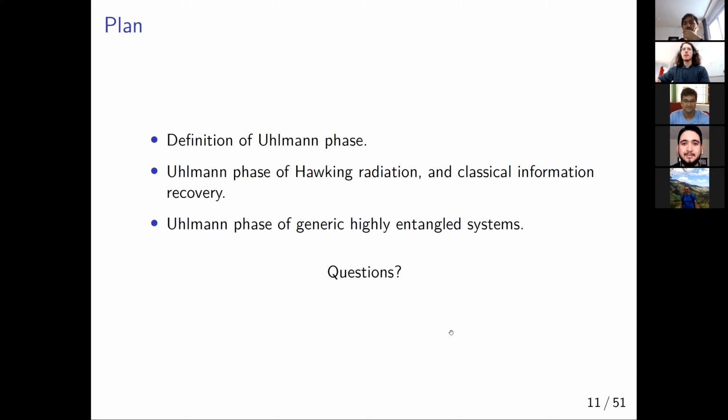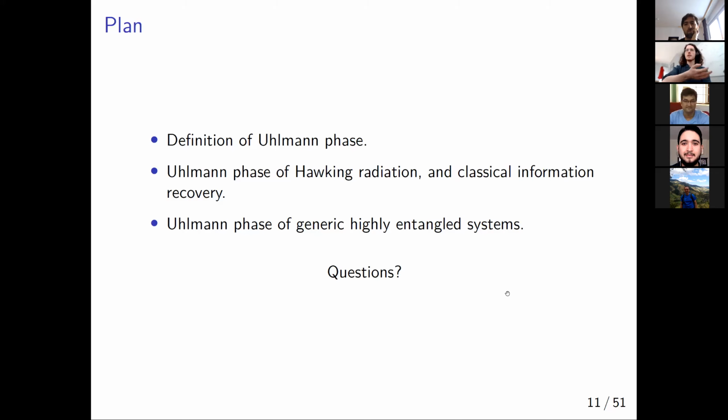I hadn't thought about the Page curves for Renyi entropies. I definitely agree that having a Page curve for the entanglement entropy isn't sufficient for unitarity. It's necessary, and I guess that is a good point in the context of this, because the Page curve has been shown to hold for the entanglement entropy, but that doesn't imply that the theory is unitary, so it doesn't imply that information is conserved.